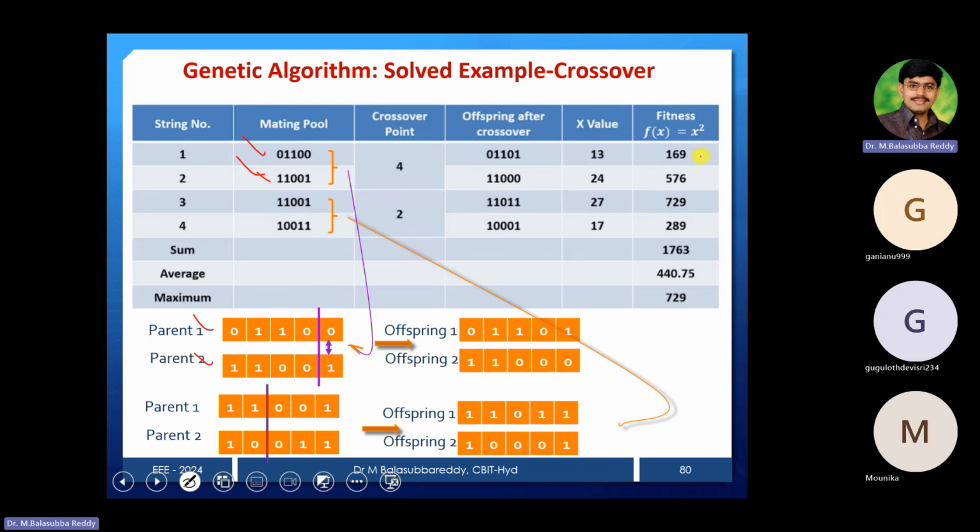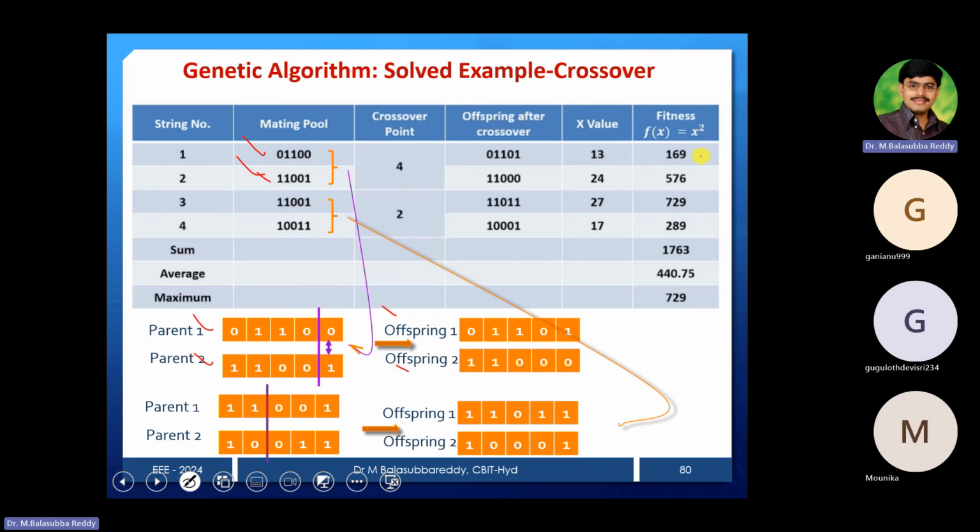Now randomly I have to choose the crossover point, whether it is 2 or 4 or 3 or anything, you can select randomly. I just selected 4 as the crossover point. Then I draw a line, and then we'll get two offsprings after the crossover.